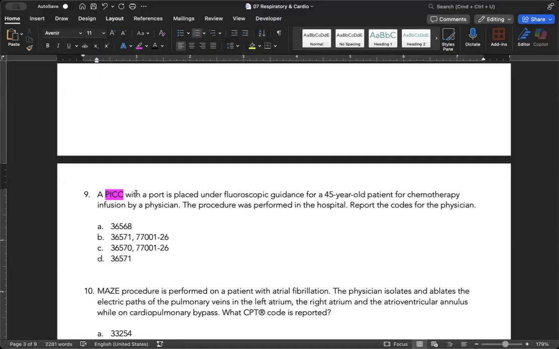And then we did do it with a port. So it sends us to 36570 through 36571. 36570 is insertion of a peripherally inserted central venous access device with a subcutaneous port, younger than 5 years of age.